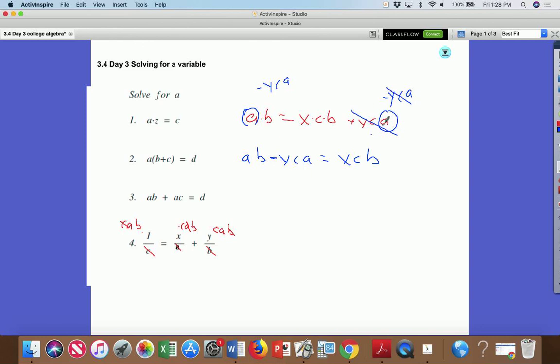Okay, so now factor out the A. If I factor out the A, what do I got? Very good. So again, factor it out on either side of the minus, or the plus if there was a plus there. And then divide by, very good.